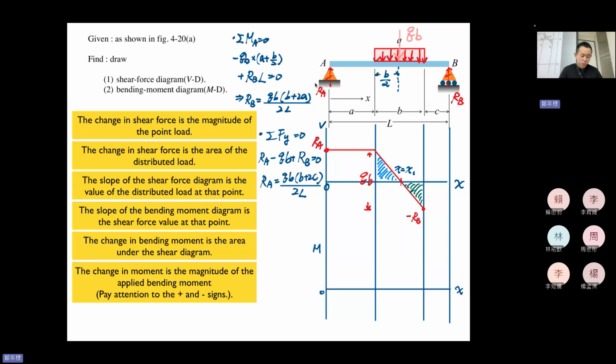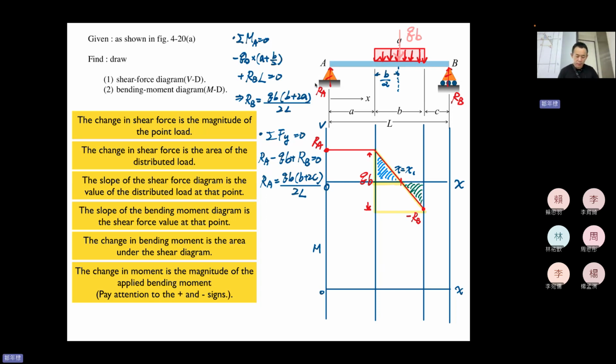So how to solve that? Let's do it. We can use similar triangles.